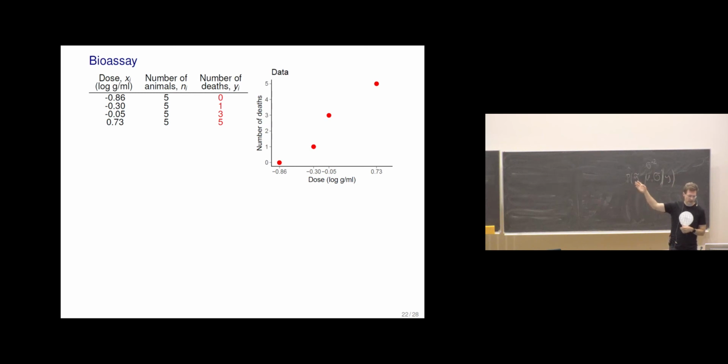We could just by eye already estimate approximately what would be the dosage that kills about half, but we can also make a model for this and get more accurate uncertainty estimates.